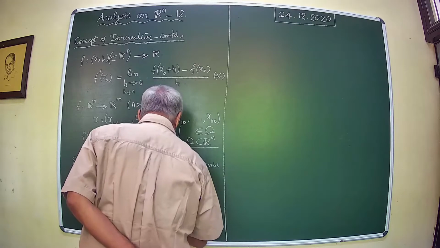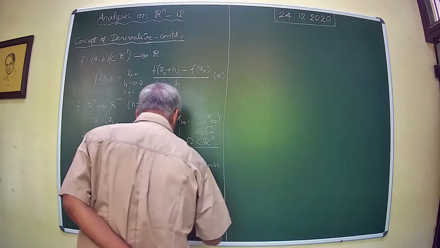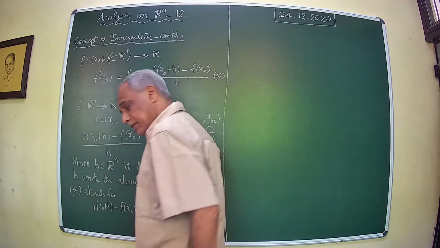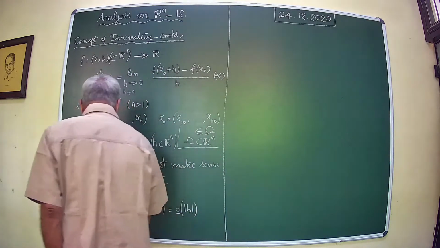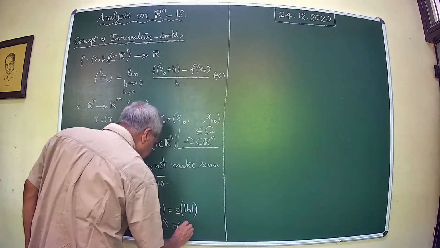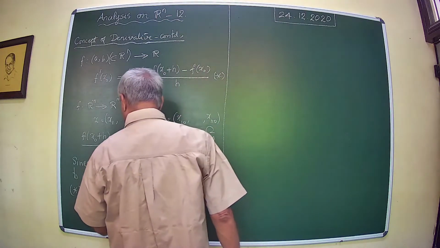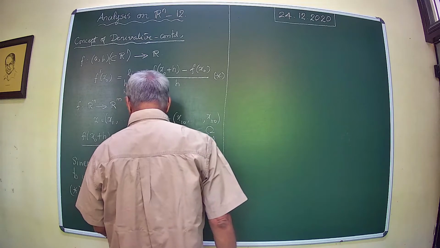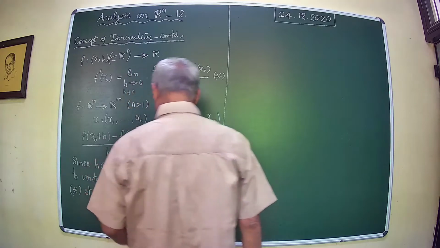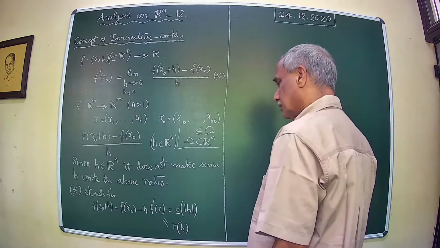is of the small order of h. This means this is equal to some function of h, which is an error in approximating f of x naught plus h minus f of x naught by h times f prime x naught.